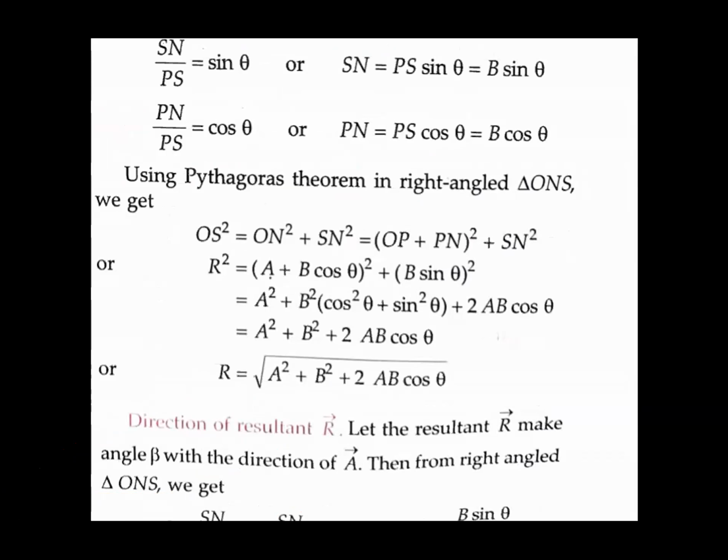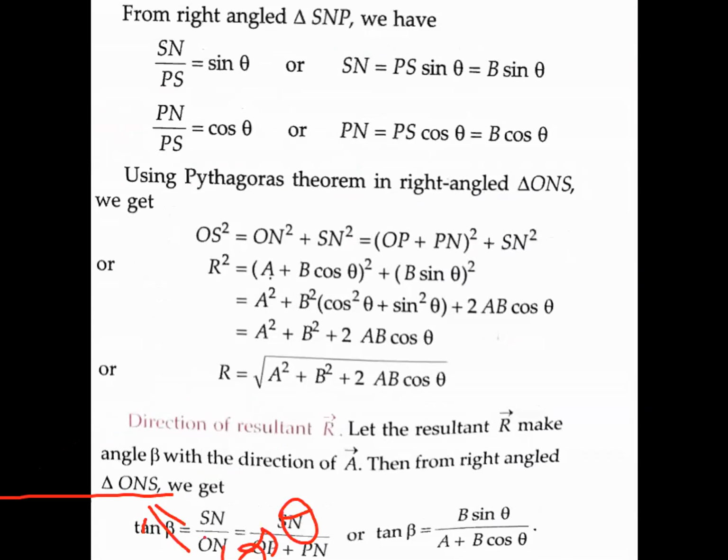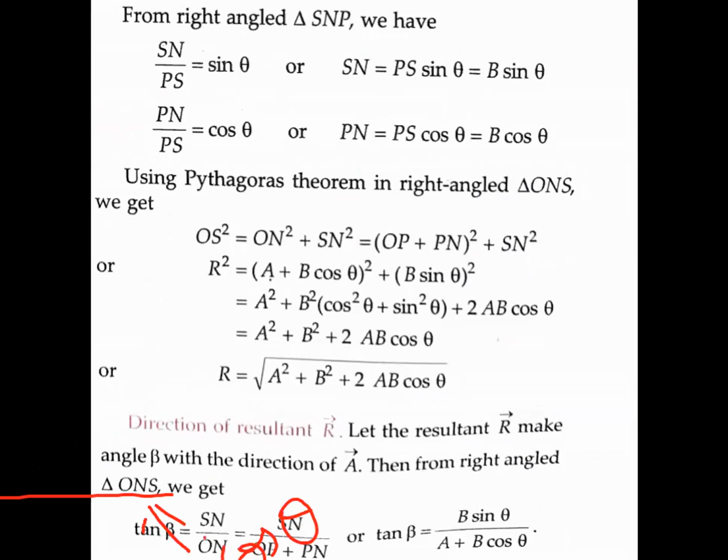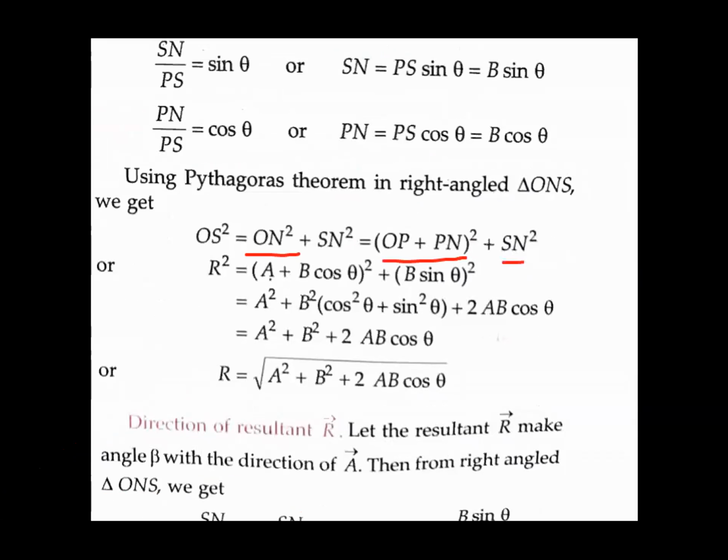Right, children? So this is your ON square, that is OP plus PN square plus SN square. Now we know OP is your vector A, and PN we just now found out, that is B cos theta. And SN value we know it's B sin theta.